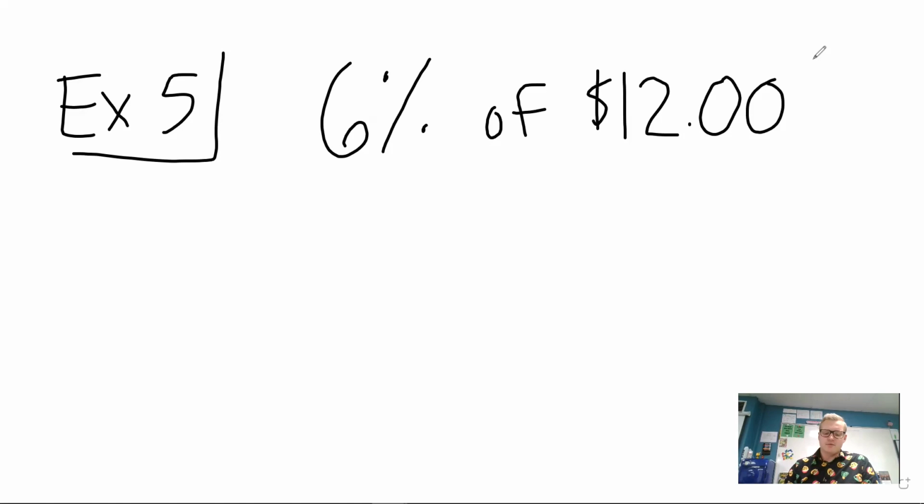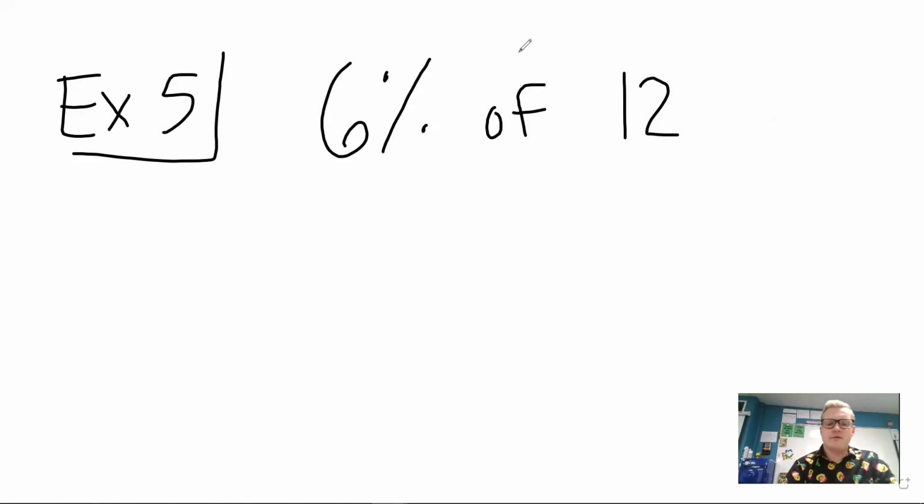Again, same exact process here with example 5 and letter O in your homework. I'm just going to write that $12 as just 12. That's what I would do with the $15 in letter O as well.